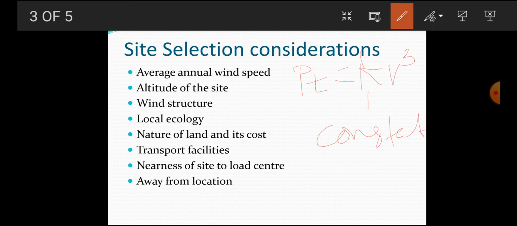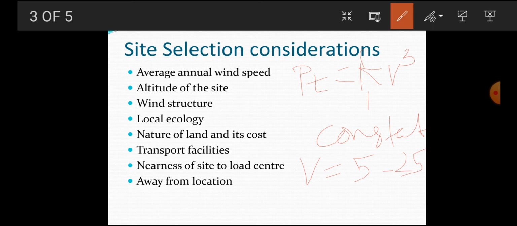From this equation, the total wind power from a free wind stream increases as the cube of the wind speed. Therefore the wind velocities available should be at least in the range of 5 to 25 meters per second throughout the year. Because it is the cube of the wind speed, wind speed is very important.